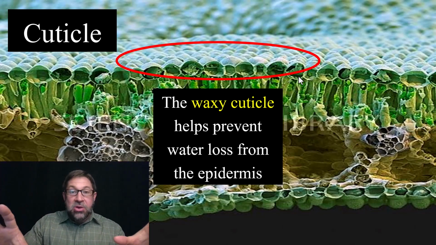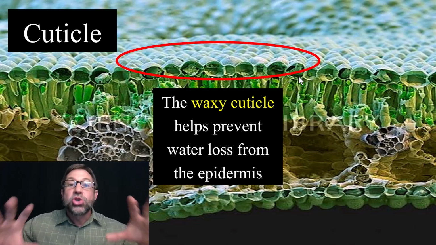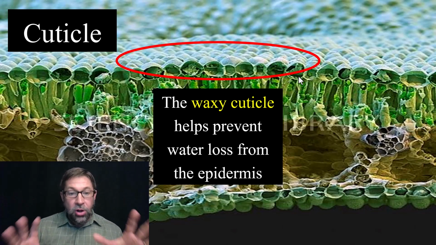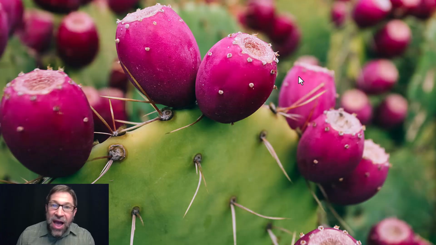I've circled it in red. The main function of the cuticle is to prevent water loss from the epidermis. And it's that thick, waxy cuticle that gives cactus and succulents that smooth, waxy look like this prickly pear.